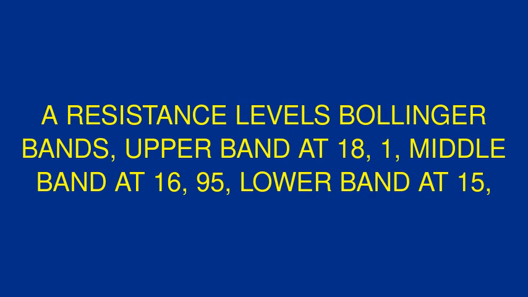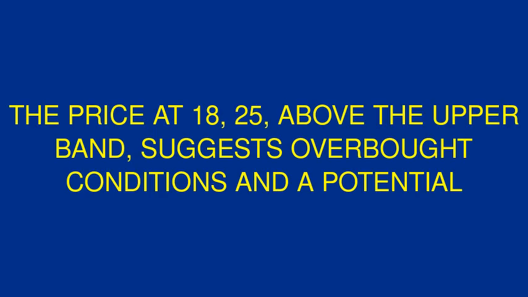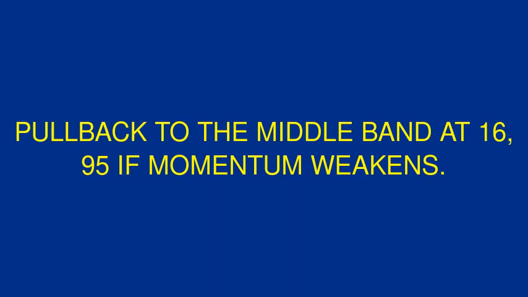Volatility and support. Bollinger bands: upper band at 18.1, middle band at 16.95, lower band at 15.81. The price at 18.25, above the upper band, suggests overbought conditions and a potential pullback to the middle band at 16.95 if momentum weakens.